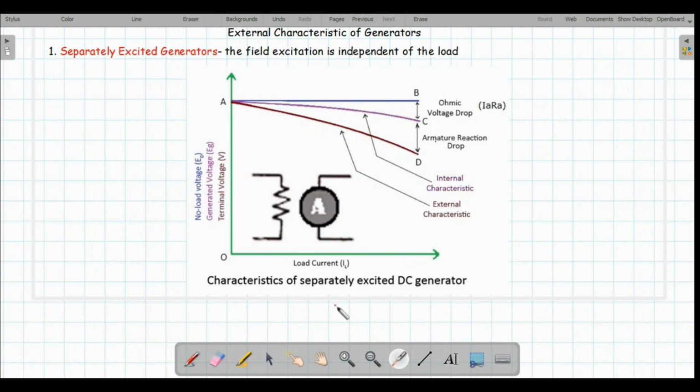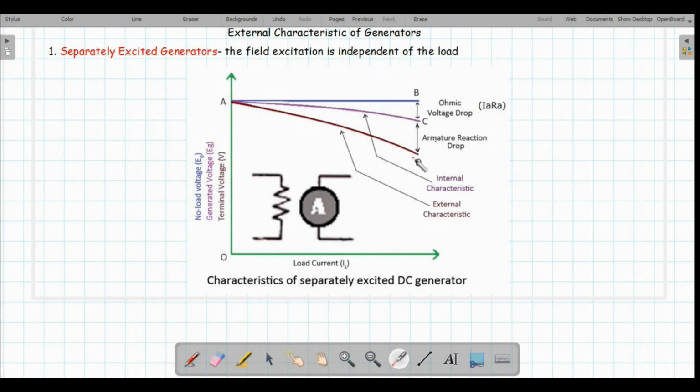So, yan yung characteristic ng separately excited DC generator. Simula rito sa B hanggang dito sa C, yan yung tinatawag na ohmic voltage drop ng isang separately excited generator. Simula dito sa C hanggang sa D, yan yung armature reaction niya.